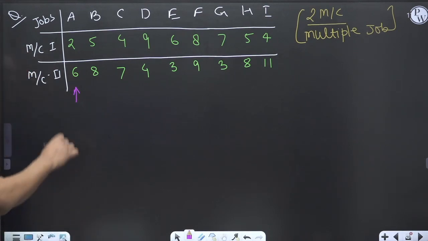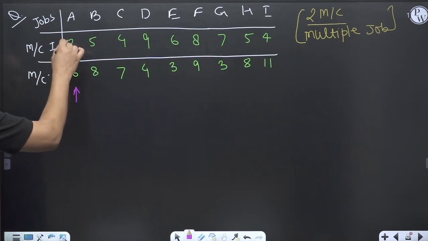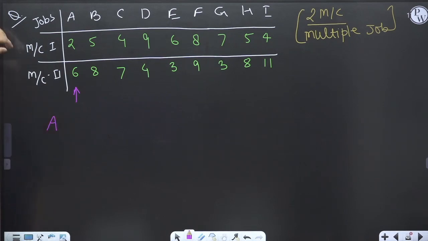If the minimum time appears for machine 1, process that job first.